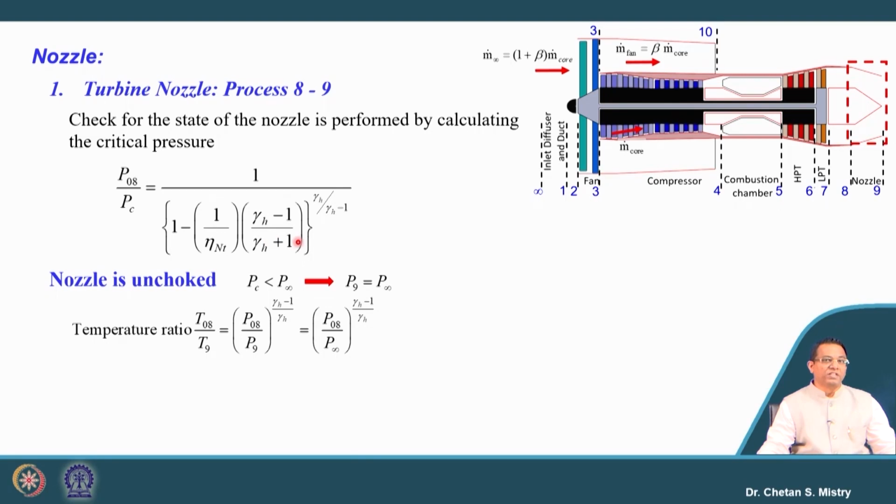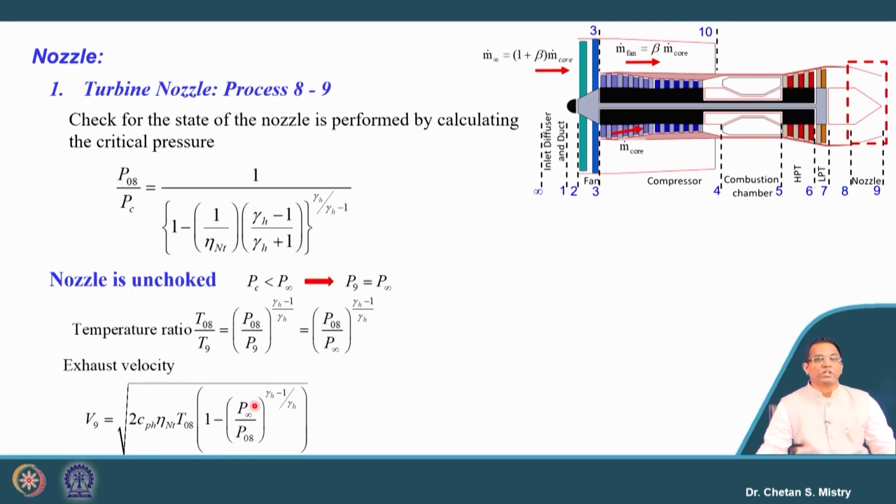Suppose if I consider my critical pressure is lower, we can say our nozzle is unchoked and the exit pressure will be the atmospheric pressure. Based on that, we will be doing our calculation for the static temperature, and from that static temperature we will be doing our calculation for the exit velocity.